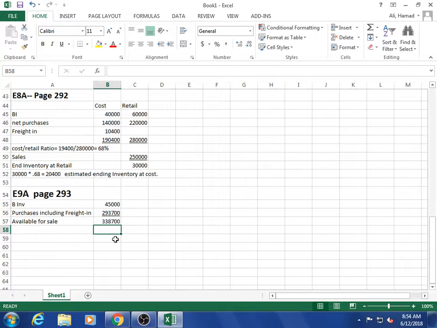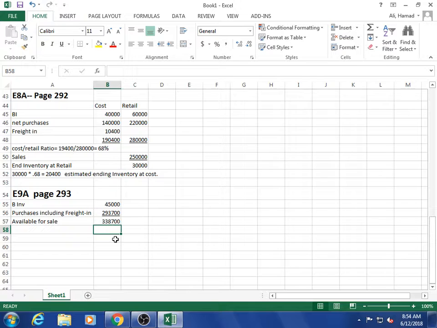So, if the sales are 450,000, 40% of it is gross profit. That means the rest of it is cost. If you take the profit, the markup, out of the total sale, what's left over is your cost.